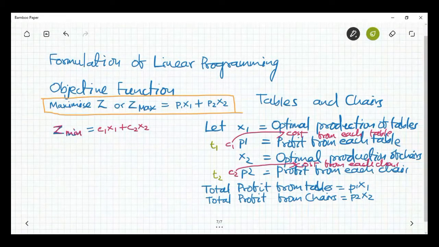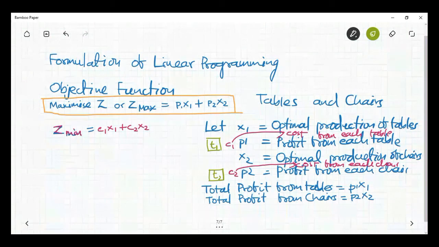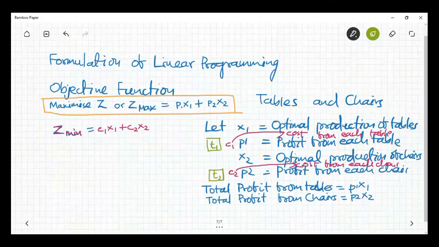Time 1 is the time required for the production of one table. Time 2 is the time required for preparing one chair. I can also minimize time: Z minimum equal to T1 x1 plus T2 x2.